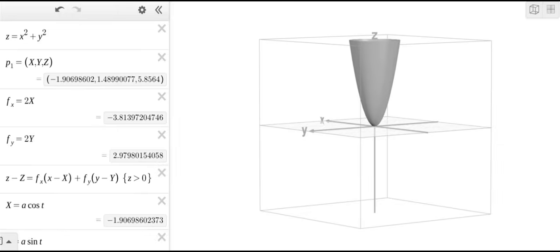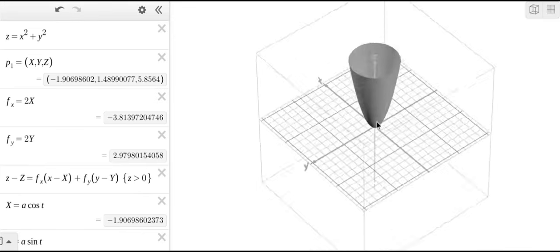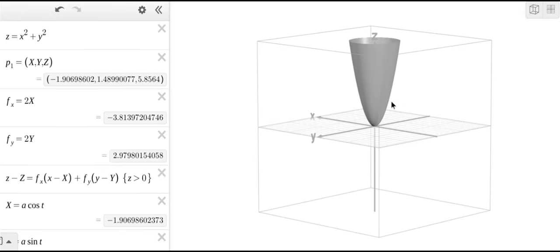Okay, so I'm in Desmos.com 3D. Here is the equation of a paraboloid in 3D, right? Now, on this surface, we can define a point. And we do that by a parameterization. A paraboloid is just a bunch of circles stacked together with different radiuses, right?